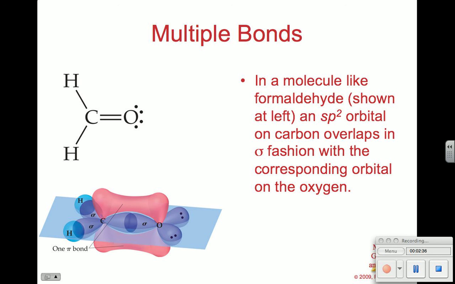But because it is sharing two pairs of electrons between the carbon and the oxygen, the first pair is being shared within the sigma bond, along the nuclei axis, but then the second pair are in what is called the pi bond, and they are above and below the actual nuclear axes.